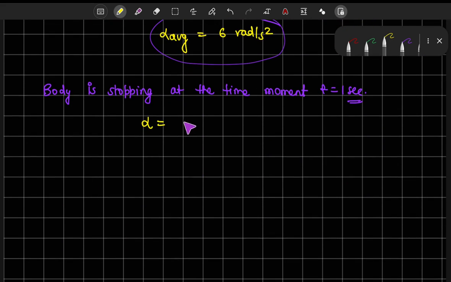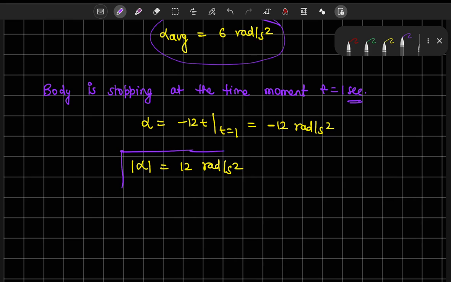So we can write minus 12t at t is equal to 1 second. We get minus 12 radian per second square, and if we write the magnitude of the acceleration, then we get 12 radian per second square.